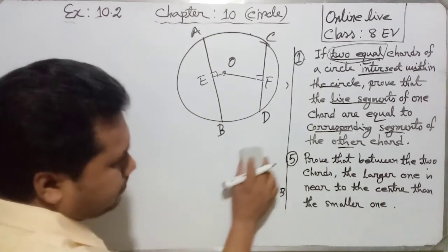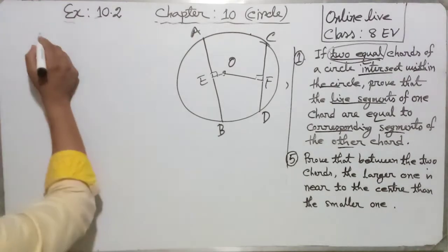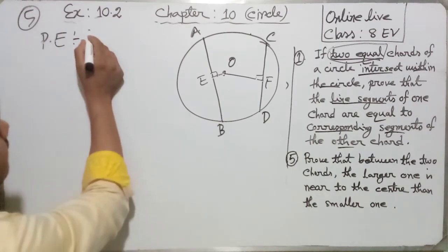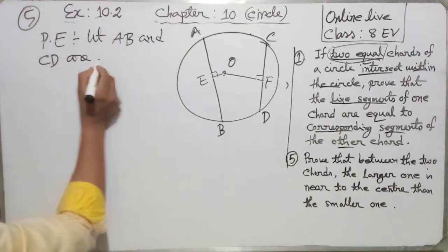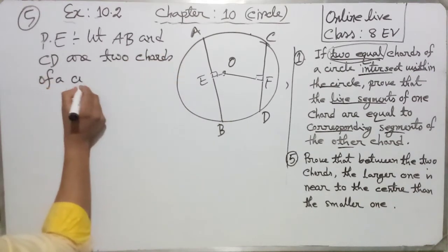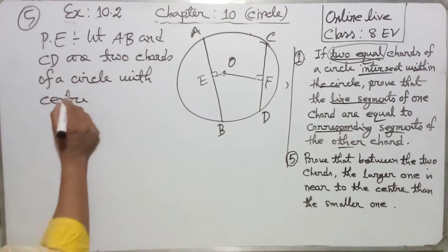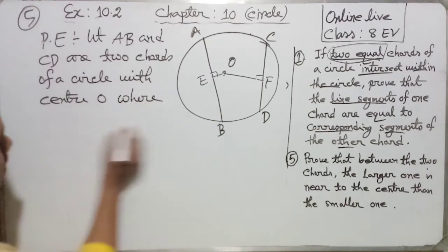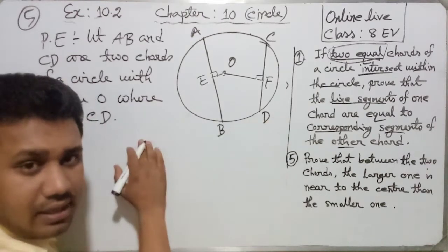Now we can write our particular enunciation at first. Particular enunciation, problem number 5. Let AB and CD be two chords of a circle with center O, where AB is greater than CD.